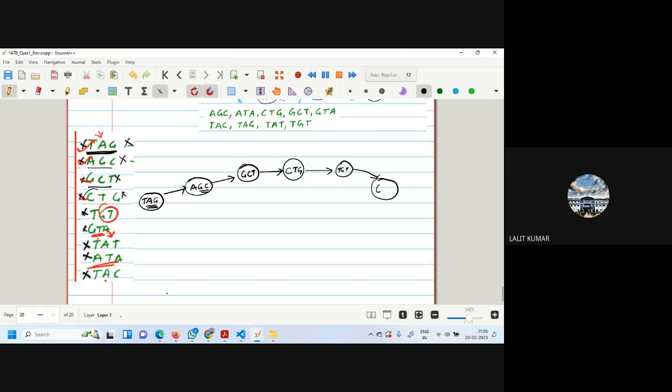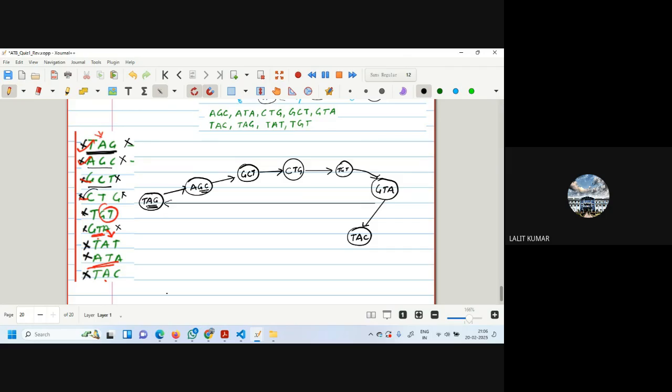Now from TGT, I can go to GTA. Now here the things become interesting. From GTA, I can go to TAG, and I also can go to TAC. So this GT I have covered.